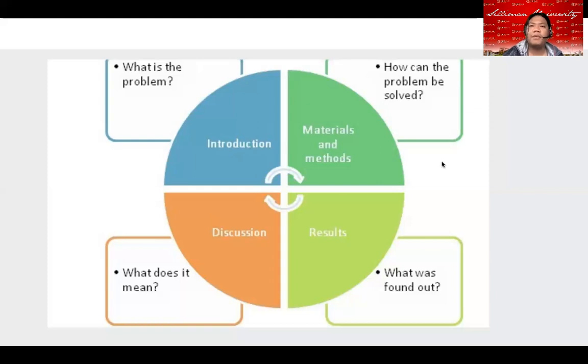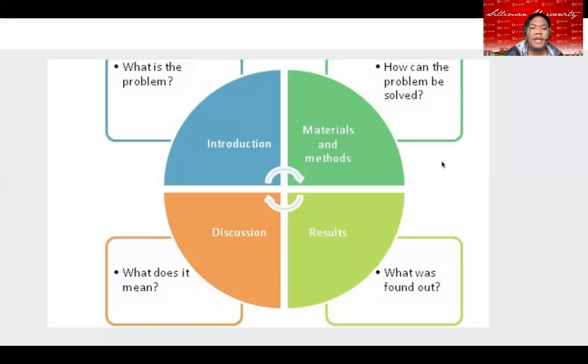If you're collecting some quantitative numbers, what numbers did you get, what percentage did you get, what's the average score that you got? In other words, your results will tell you the quantitative and the qualitative data that you're going to get.